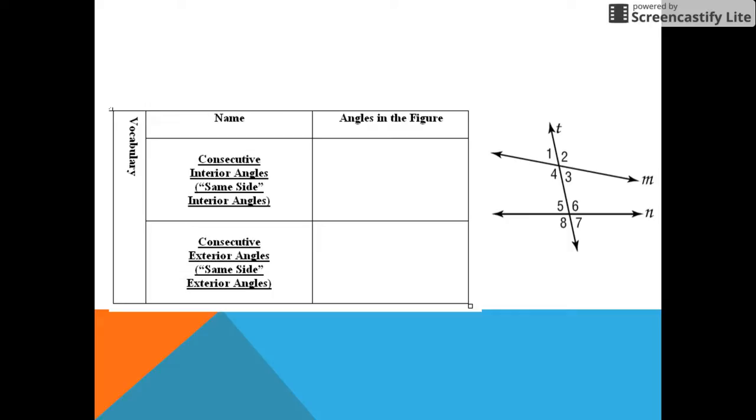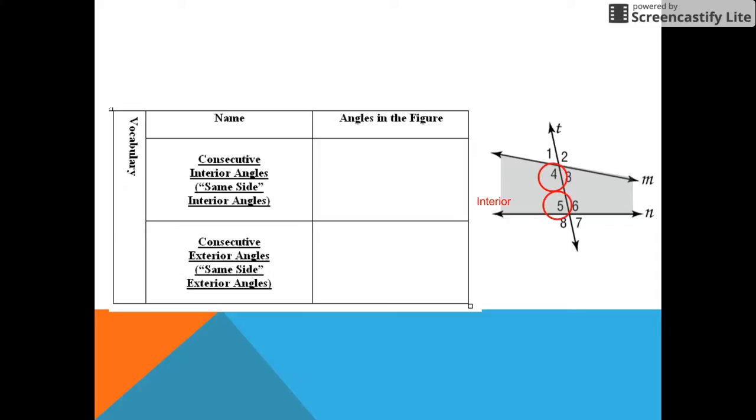The rest of the terms are the angle pairs. So the first term is consecutive interior angles. Consecutive really just means that they're on the same side of the transversal. So for that, they're interior, so they have to be between the two lines. And consecutive means that they're next to each other, or they're on the same side.